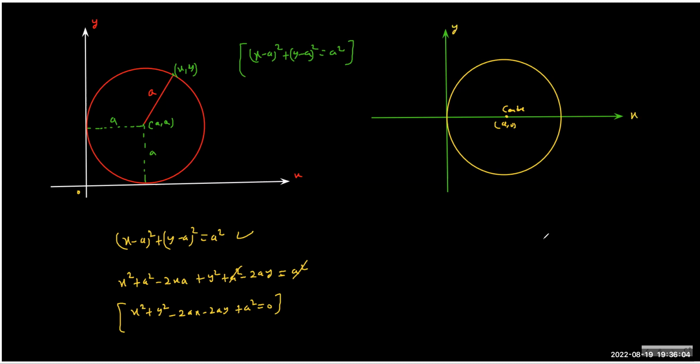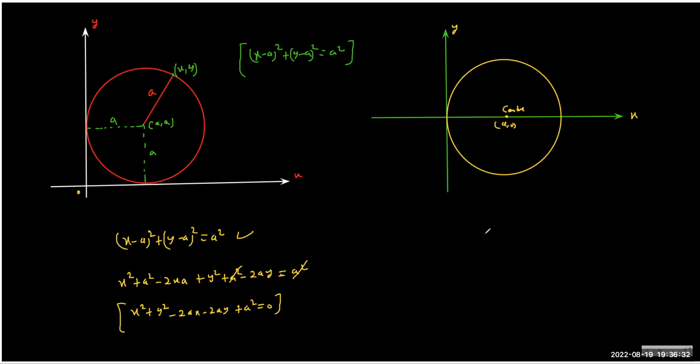The only information given is the center lies at a comma 0. And the graph is drawn, the circle is drawn to you. You can easily understand what is the radius. Can you guess the radius? So a. Yeah, it's a. So you know the radius, you know the coordinate of center, you can get the answer. What is the answer?